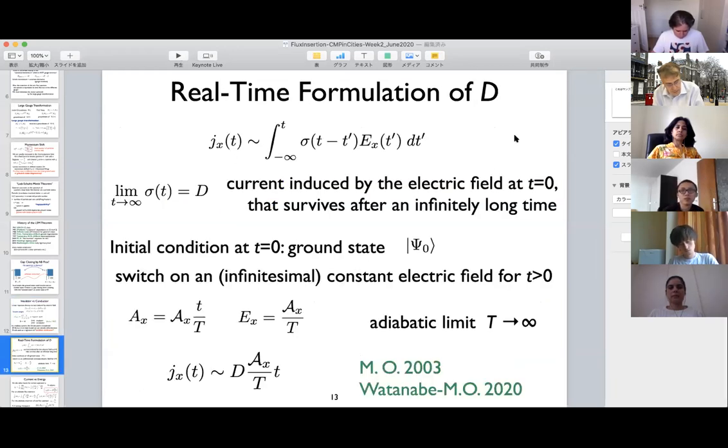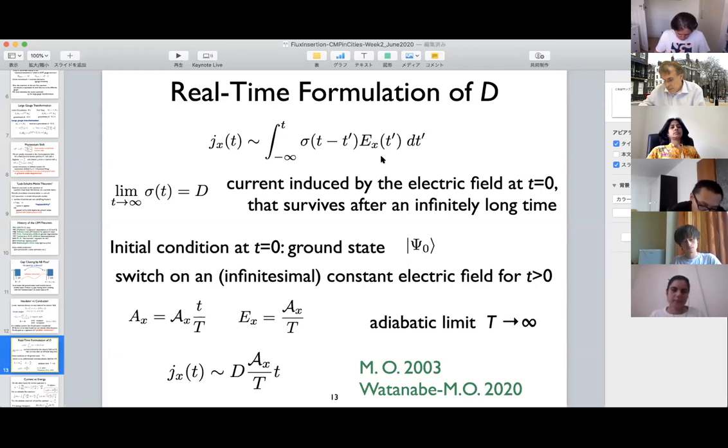But well, this may be also, I don't know, common sense, but for me, this real-time formulation of conductivity and Drude weights is more intuitive. So instead of going to frequency space, you can always do a Fourier transform, but you can also write the conductivity as a function of time. That is the current density you measure at time t.